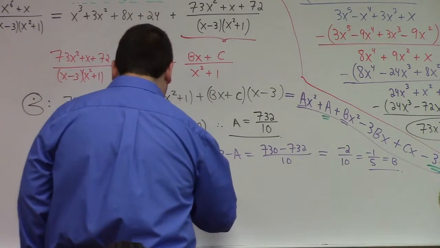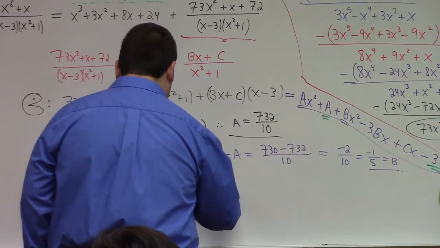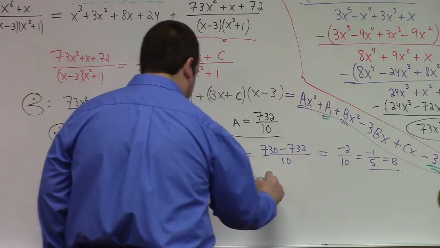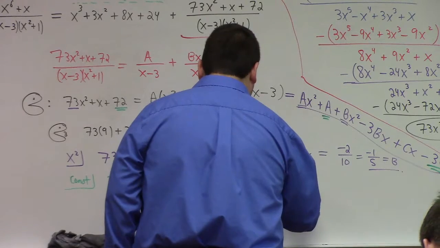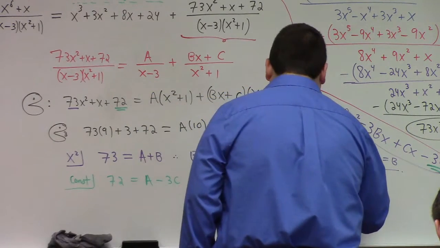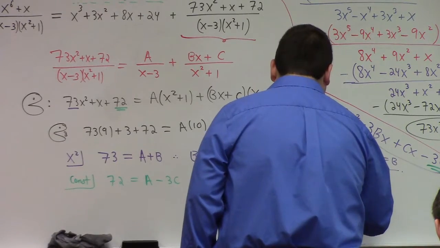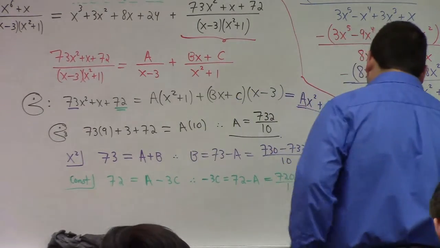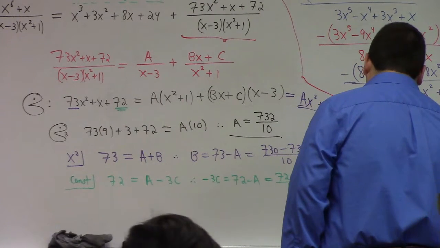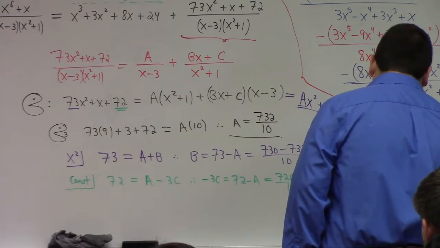So therefore minus 3c is equal to 72 minus a, which is 720 minus 732 over 10, which, by the way, is minus 12 over 10. Divide both sides by minus 3, I get c is equal to 4 over 10, also known as 2/5.